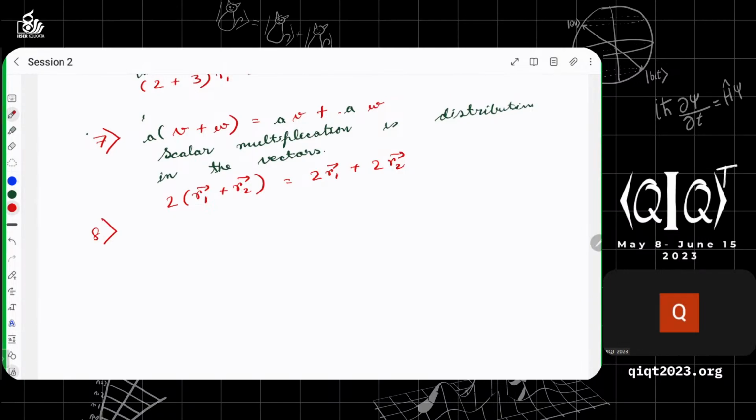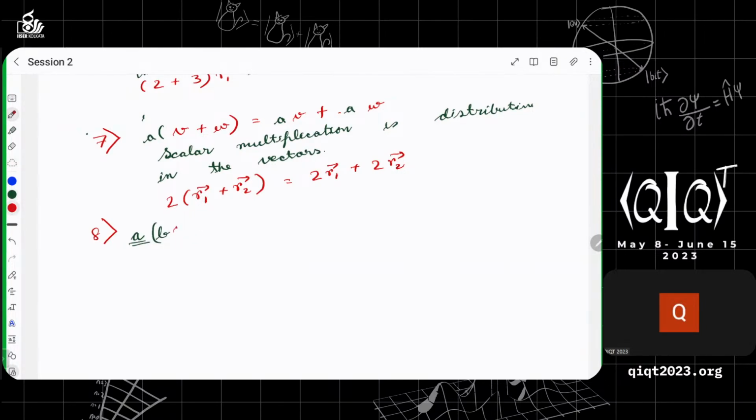Now, if you multiply a scalar with the vector, and then you take that multiplication and multiply it with another scalar a. So let me maybe write it.